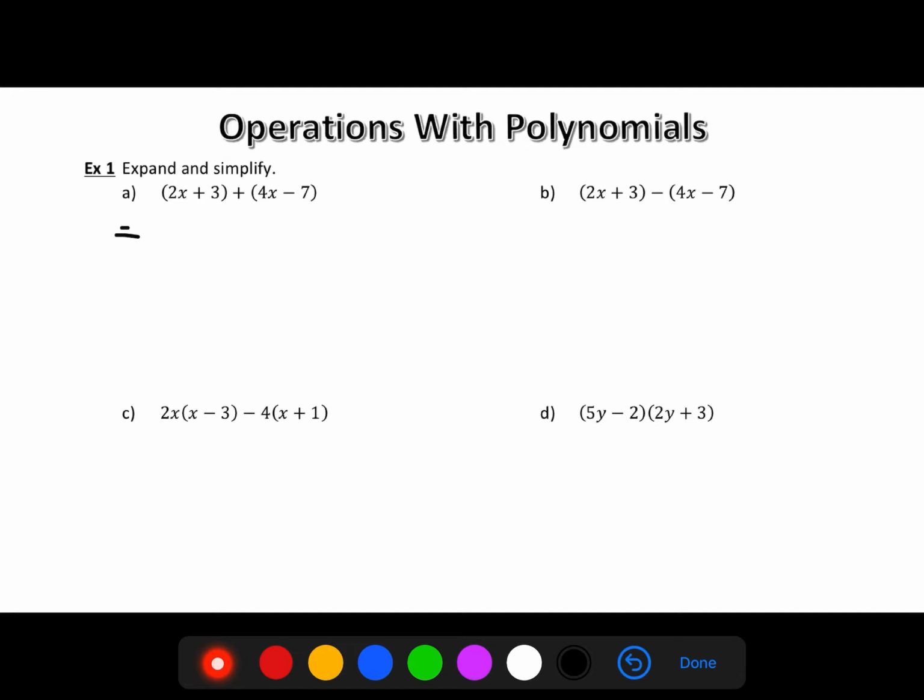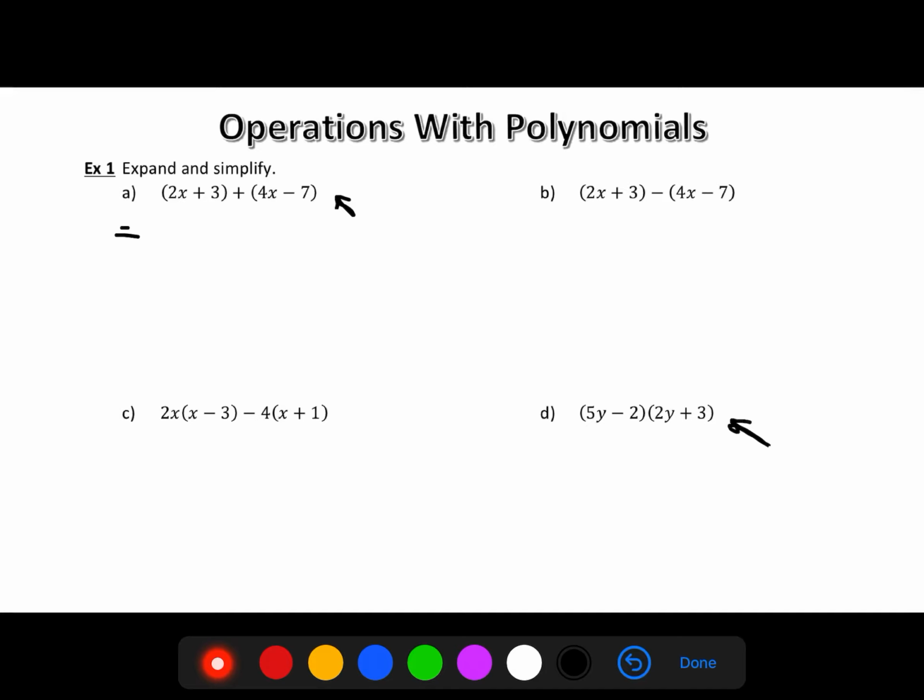We have to know or recognize the difference between an expression like this and an expression like this. In part A, those brackets are separated by a plus, so we are simply adding those together. In a case like D, there are no signs in between the brackets, which always means multiplying.